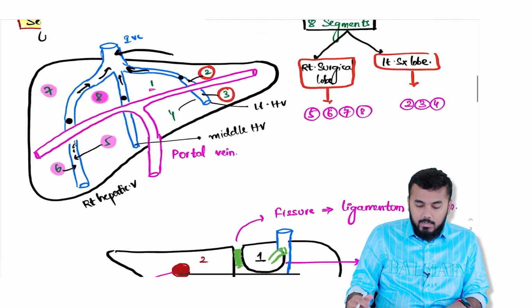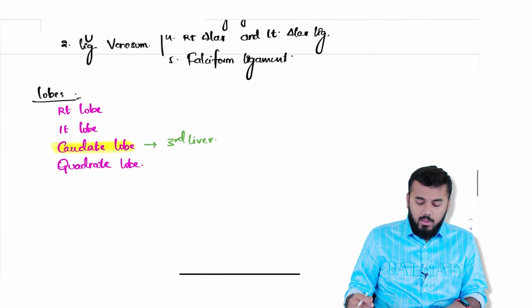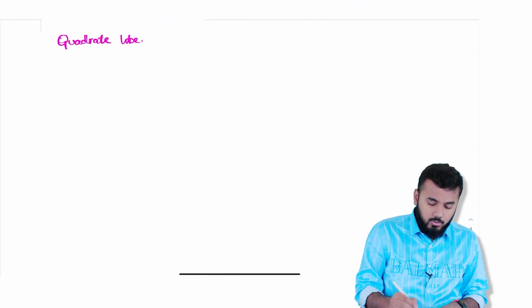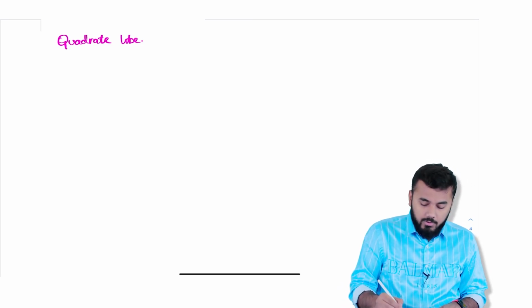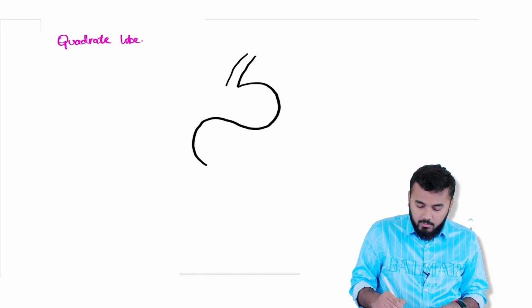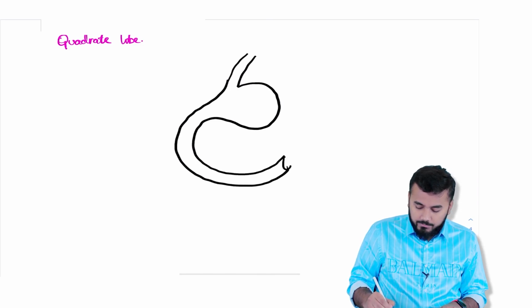Now let us continue with the discussion of the biliary tracts. How are the ducts placed within the liver? Before discussing that, first you have to know that if this is a stomach, we have a duodenum like this. What is the shape of the duodenum, guys? All of you know the duodenum is C-shaped.